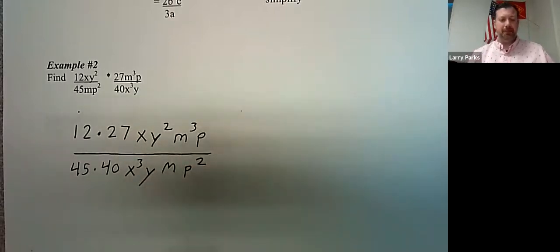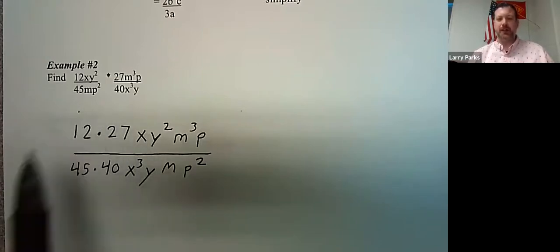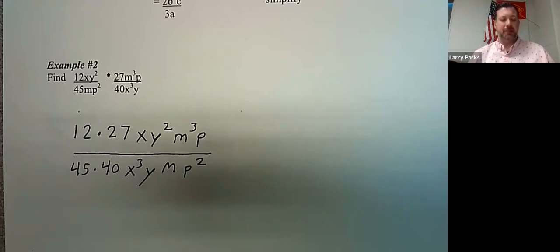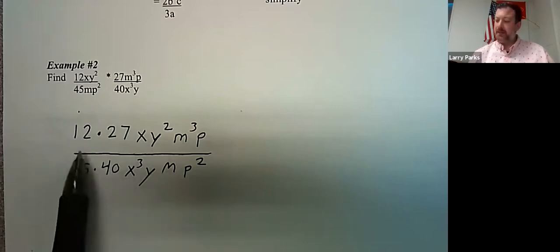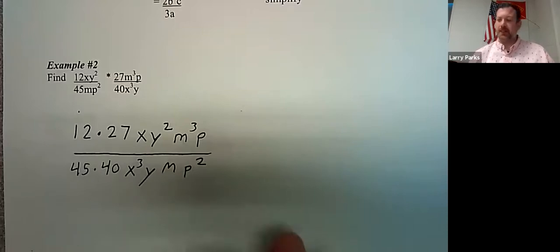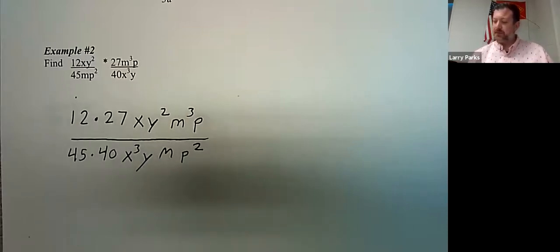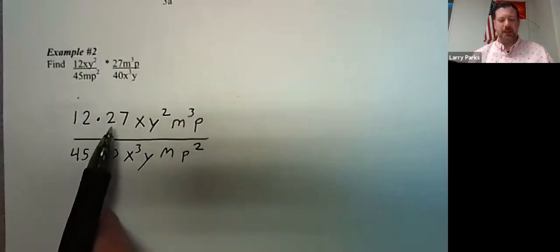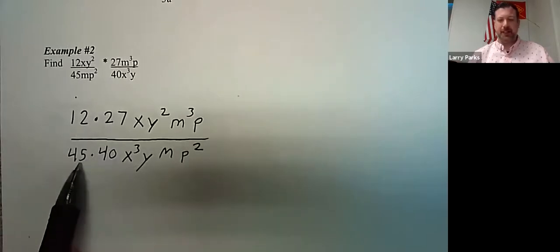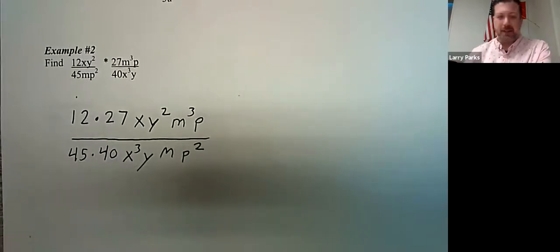Now from here, there's a couple ways to reduce this. You should know how to reduce numbers already. One way would be to just look at common factors. So I could break this up into what's called the prime factors. So I can multiply this as 4 times 3, and that is 2 times 2.